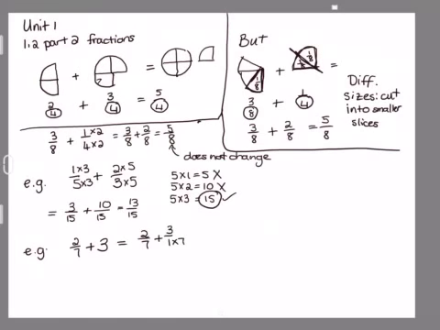So the 1 needs to change. That means the 3 needs to change. So the 2 over 7 does not change. This one becomes 21 over 7. Remember, the 7 stays. That's the size of the slices. But now I have 23 slices of 1/7 each.